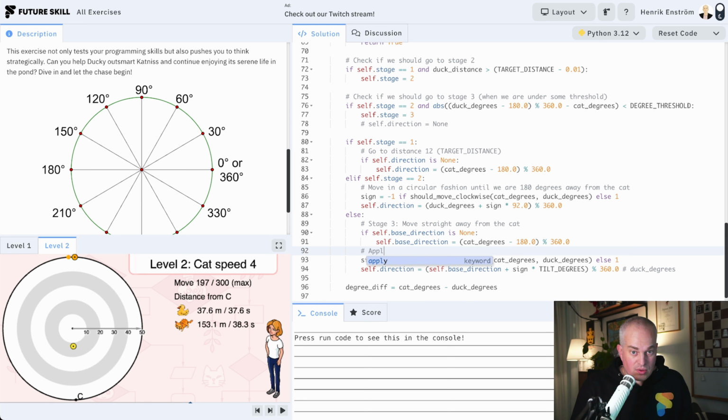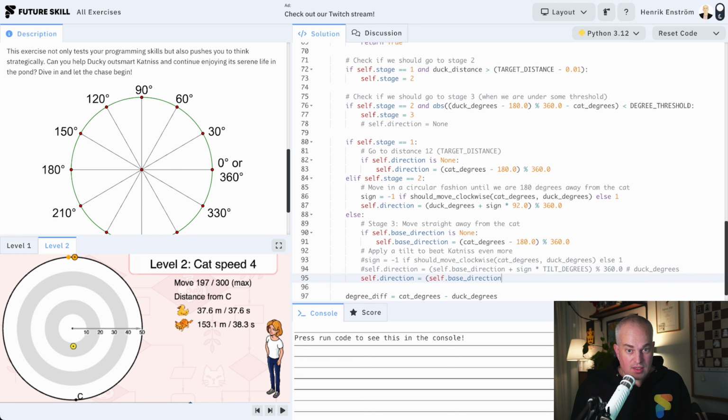I can show you how it works without the tilt. Apply a tilt to beat Katniss even more. Because this is not necessary. We don't have to apply a tilt. So if we skip that part and just do it this way, so we set the direction to the base direction, then we don't have a tilt.